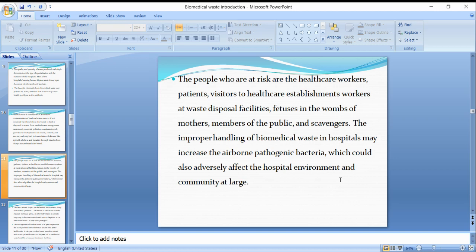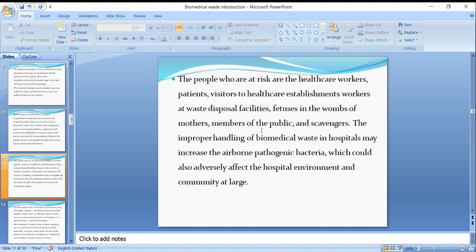If it is not properly disposed of, it will also affect the doctors, nurses, and laundry workers. As mentioned before, the scavengers and the workers who are working in the hospitals will also be affected. In this way it will affect human health.